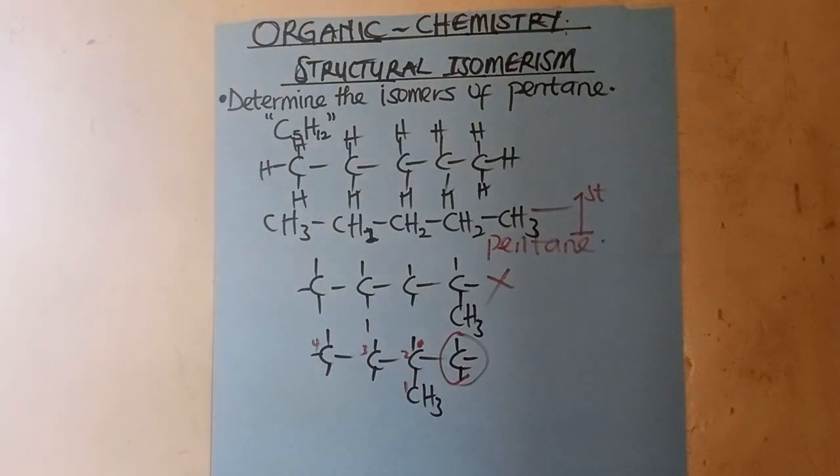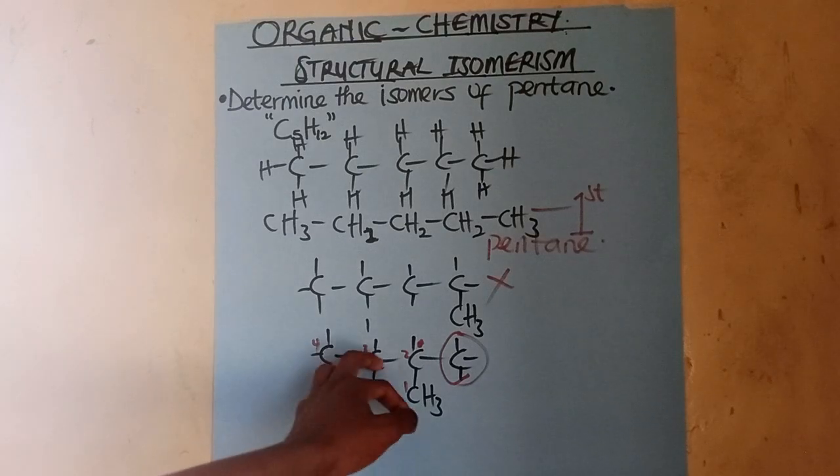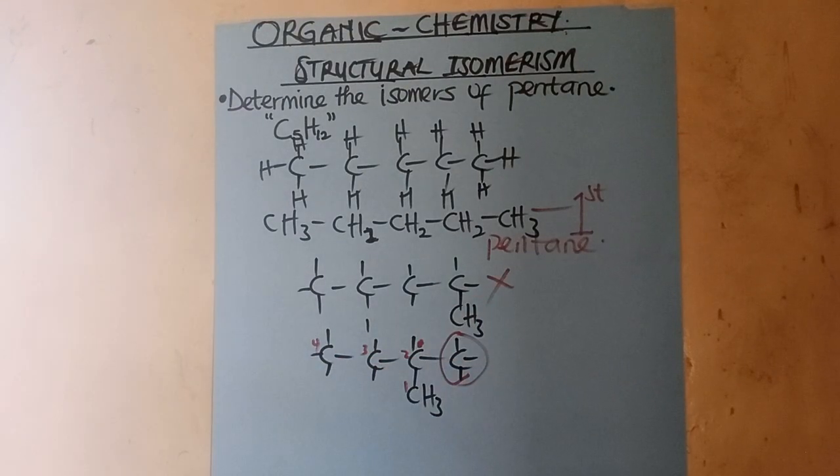In naming organic compounds, firstly, make sure that you determine your longest chain first. The first thing that should come to your mind is to look for which chain is the longest.